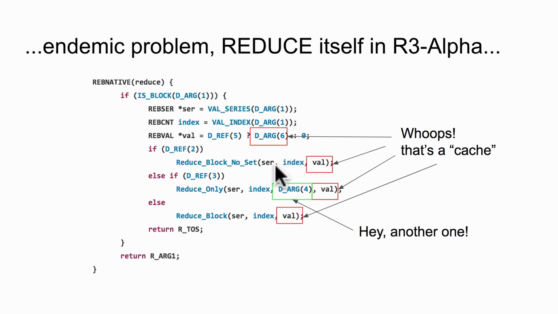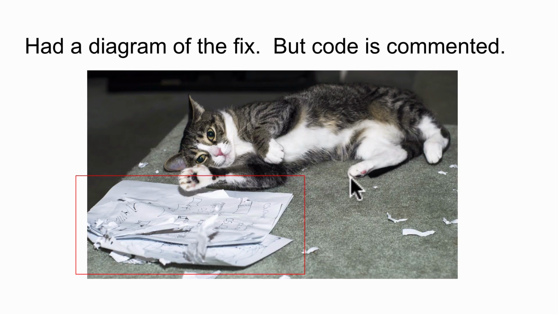But if you look at what this is doing, it's calling into reduce, which is calling into evaluation, and it's using cached pointers. So if the stack expands while you're doing this reduce, then these various pointers can go bad, which can confuse whoever you've called. So it's fixed, and there was once a diagram of it, but we don't have that anymore. But there are comments in the code.